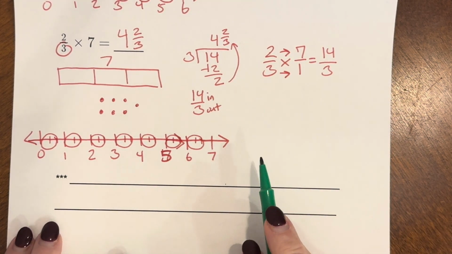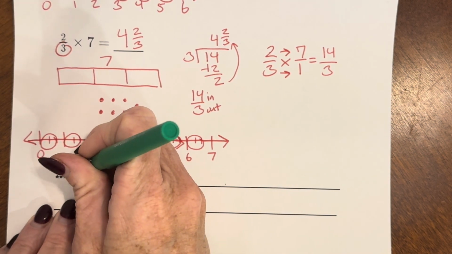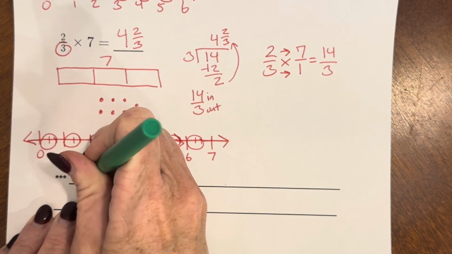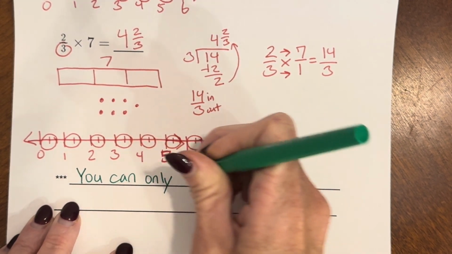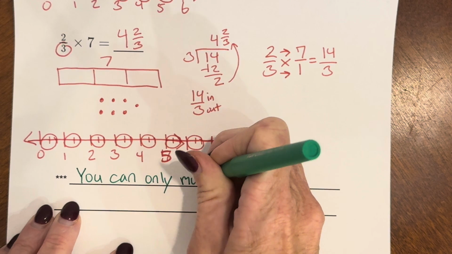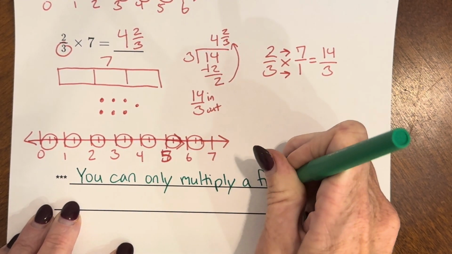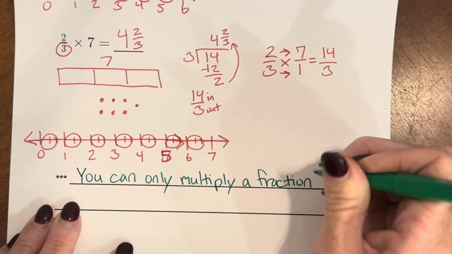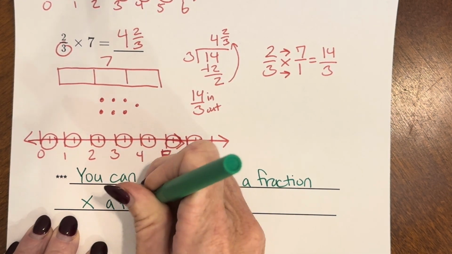I'm going to pick up my green pen. My rule is you can only multiply a fraction times a fraction.